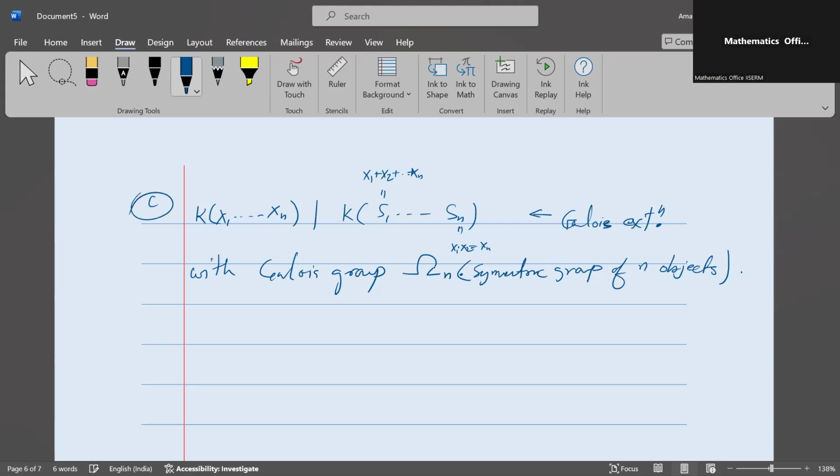And so its degree, let me write this as M over L. The degree of the extension is n factorial.